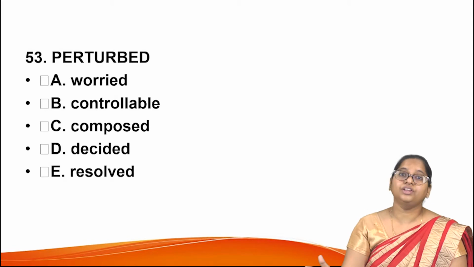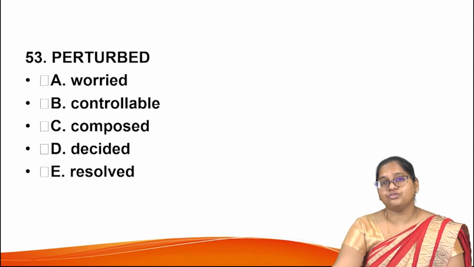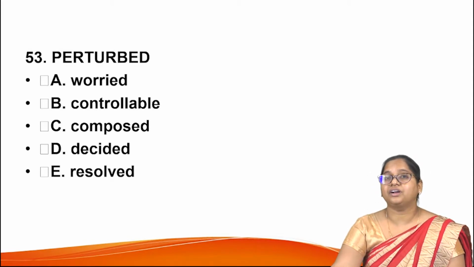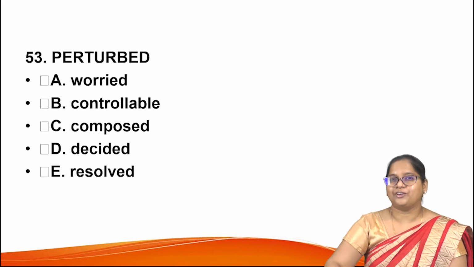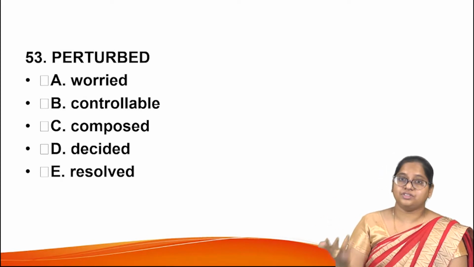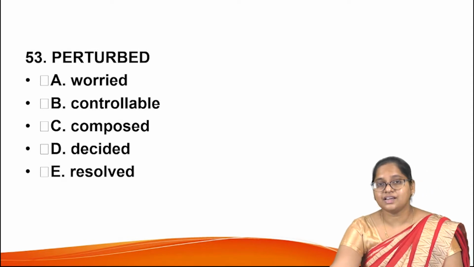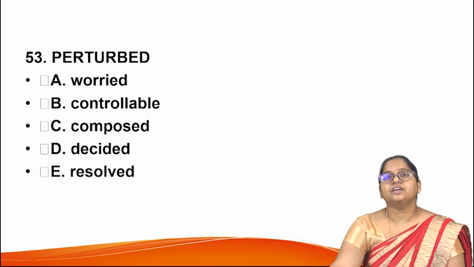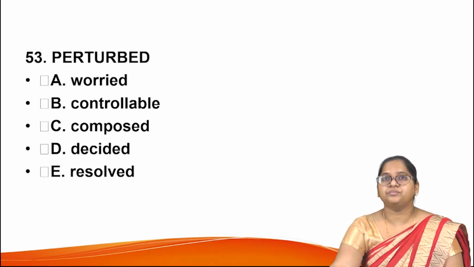You are very calm and not disturbed. Being silent is like being very calm. So that is the answer to the question: perturbed, composed. Option C is the right answer.